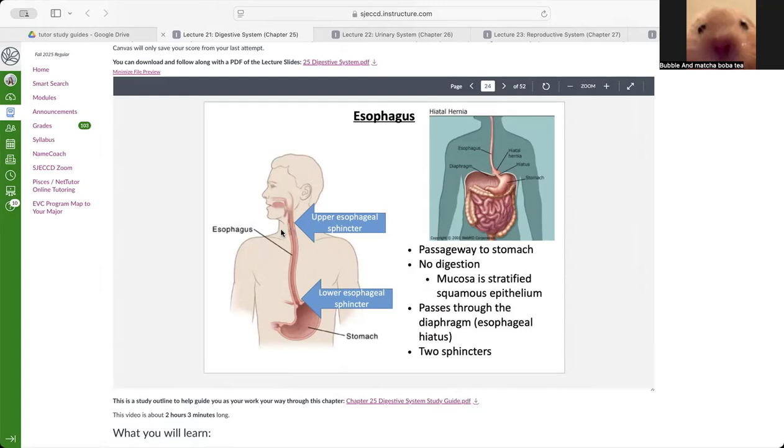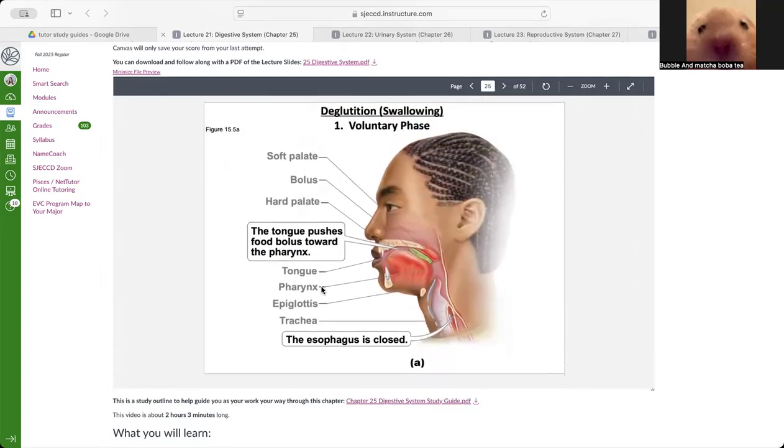So we were talking about the hernia, right? It's a little hole, and the acid reflux goes back and can irritate your esophagus. So, little hole, that's what it means.